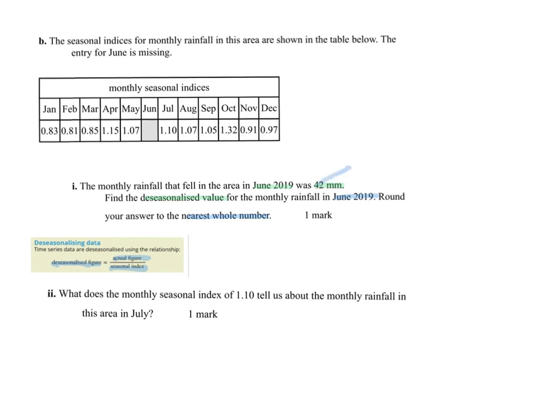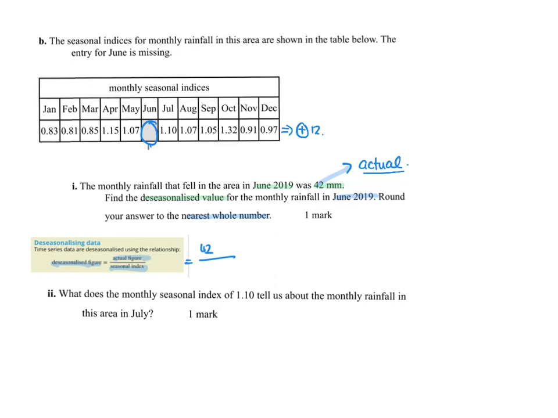So right there, they gave you the actual. So deseasonalised is actual, which will be 42, and we need to divide by the seasonal index, which is missing. All the seasonal indices should add up to the total number of seasons. So when you have the months of the year, they should all add up to 12.